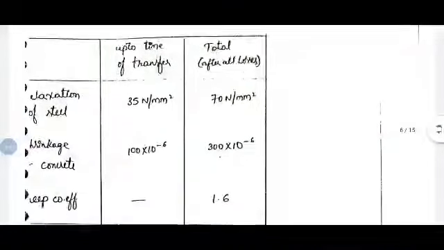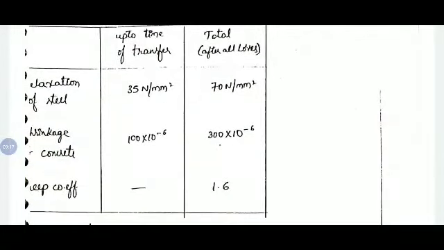Relaxation of stress in steel up to time of transfer 35 Newton per mm square, total after all losses it is 70 Newton per mm square, shrinkage 100 into 10 power minus 6, 300 into 10 power minus 6, creep coefficient 1.6.